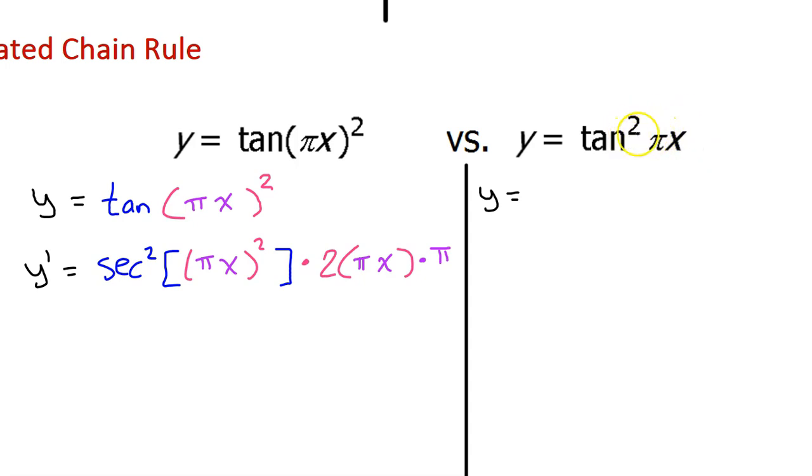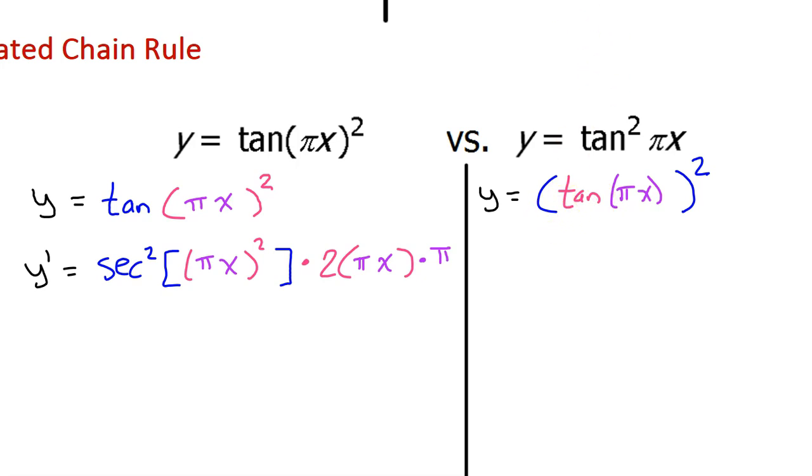Remember, when the 2 is in the middle like this, it means the entire thing is being squared. So the exponent, the 2, is the outer function. So as I sort of colorize this, the whole thing is being squared, and then inside of that, we have tangent, and then inside of tangent, we have the pi x.